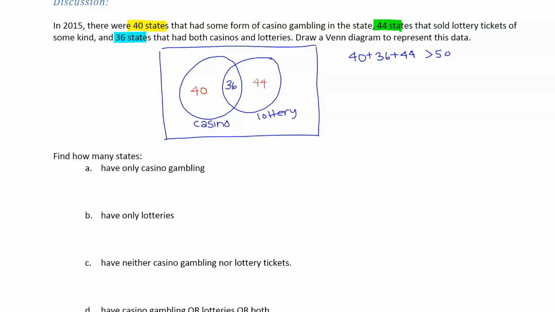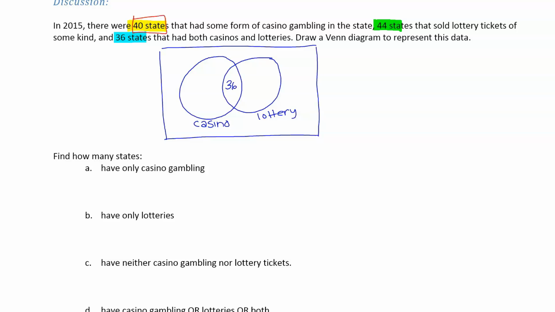So let's go back to the problem. The 36 actually does stay in the middle because the problem states that 36 states had both casinos and lottery. But we need to do something different with those other numbers. So let's look. There are 40 states that have some form of casino gambling.